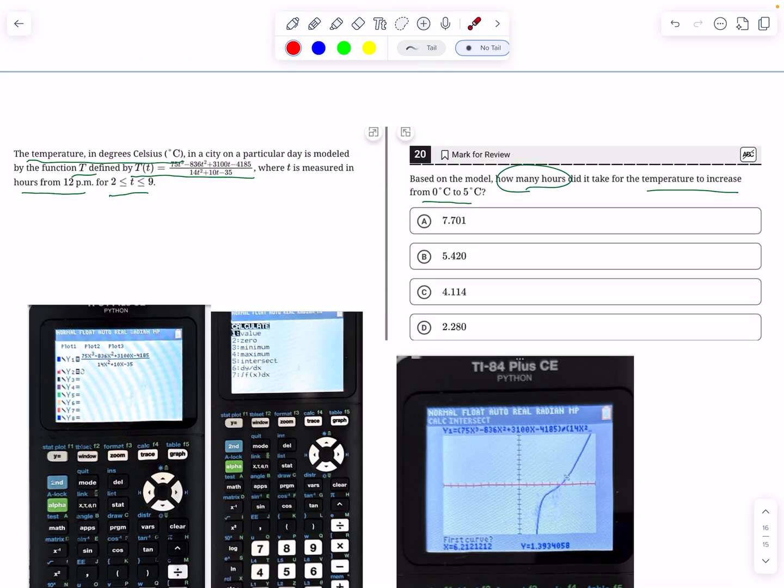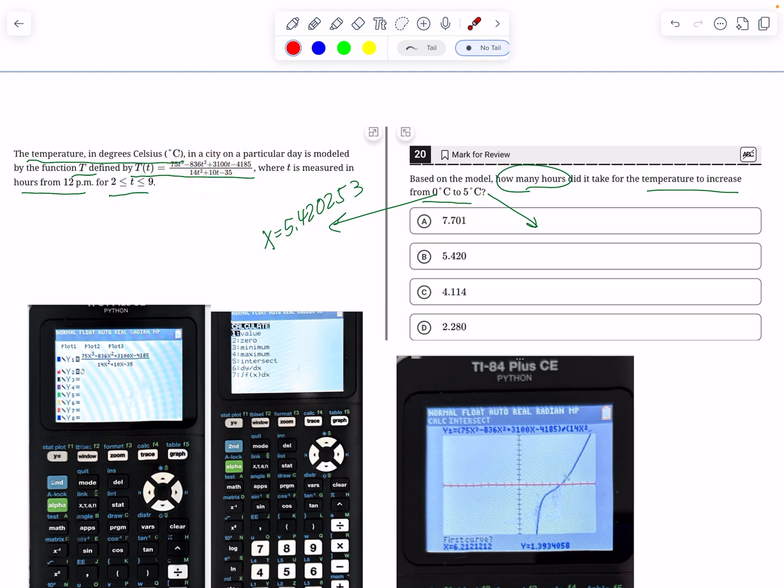So from the graphing calculator, the intersection when y is 0 is x equals 5.420253.